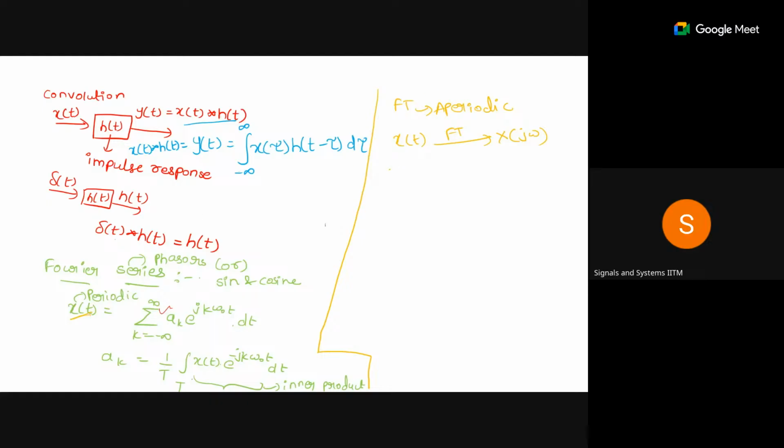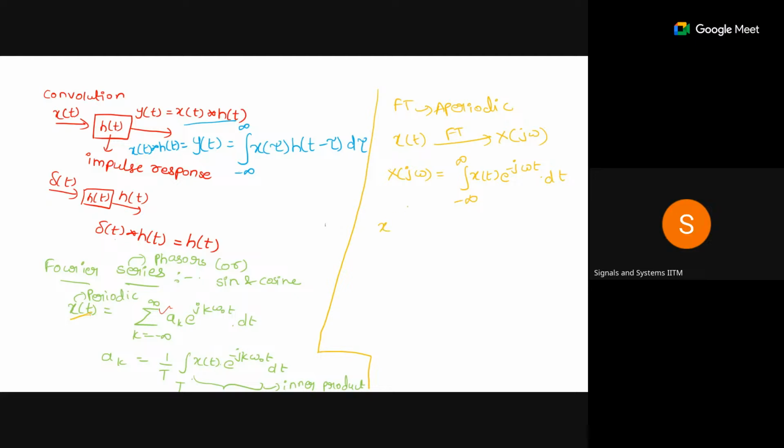X of j omega can be written as the integral from minus infinity to infinity of x of t e power minus j omega t dt.